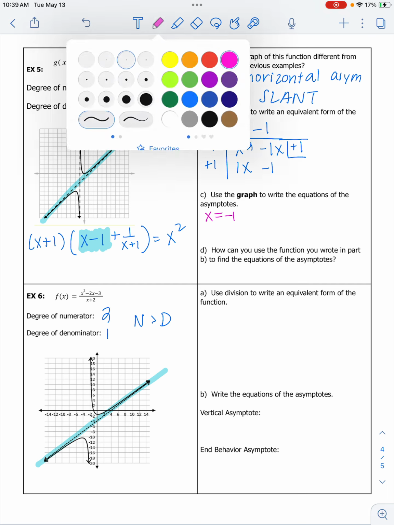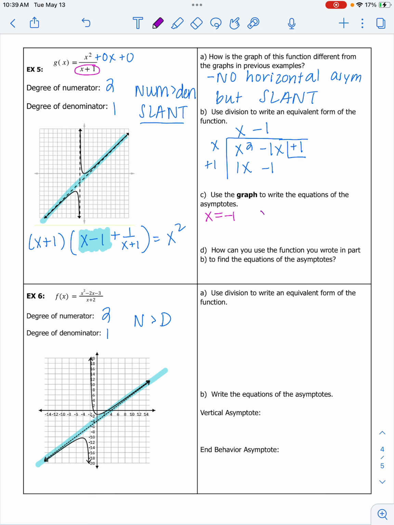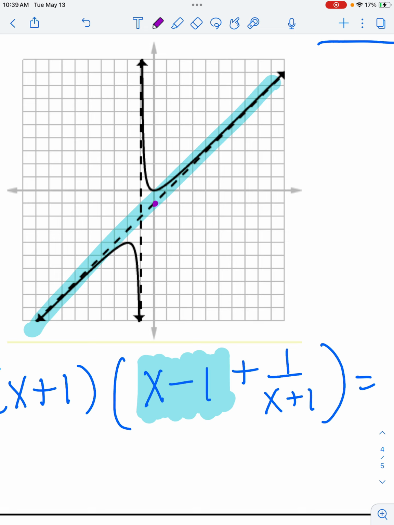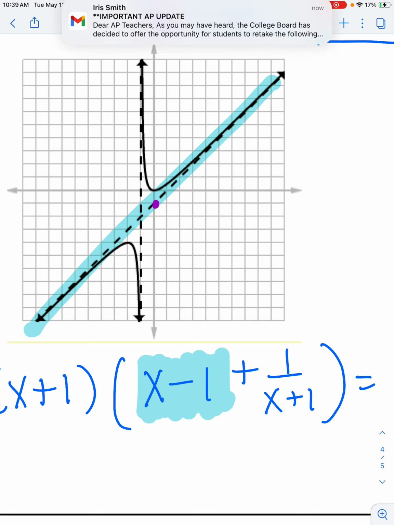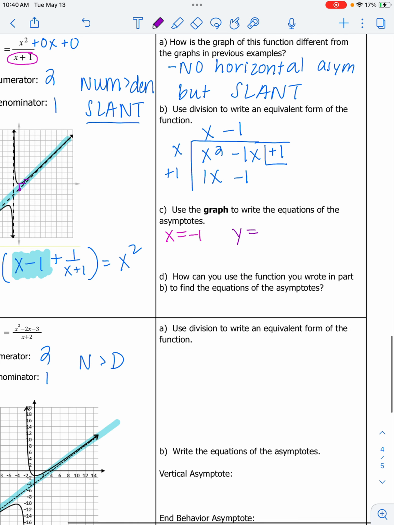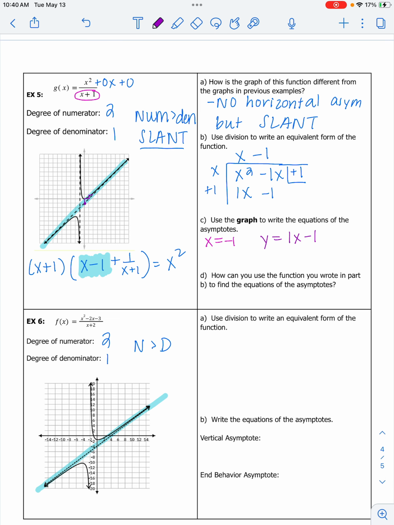But then we have a y equals, if I zoom in here, my y-intercept is -1, and my slope of this line, up 1 over 1, up 1 over 1, is just 1. So I have 1x minus 1. And if you notice, this equation was what I got when I divided my function.